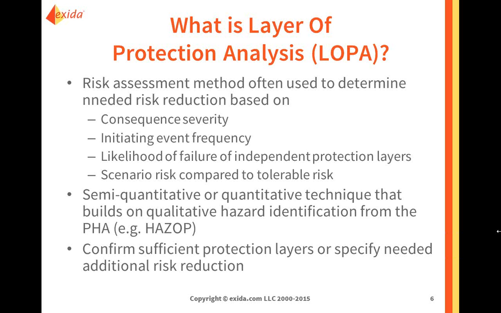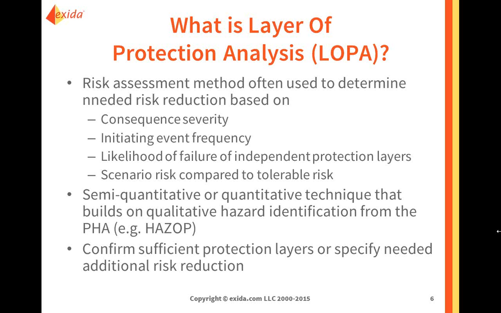We deal with initiating event frequencies. We look at failure and success of different protection layers, and we look at a tolerable level of risk or tolerable frequency for a particular type of event. And with the layer protection analysis, we can evaluate the amount of risk that is in the process in a really quantitative method.